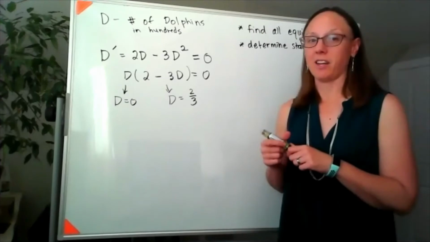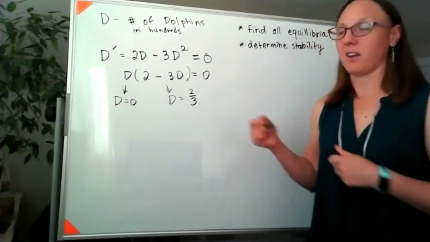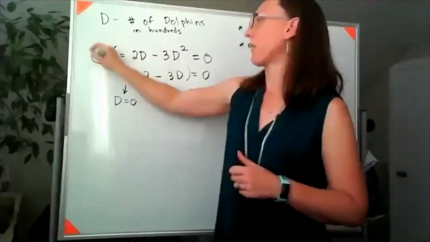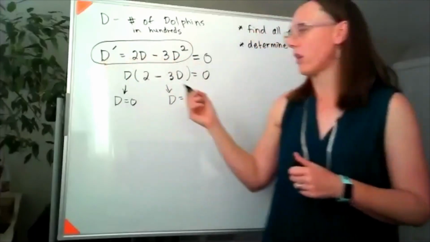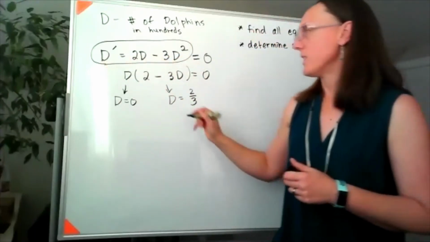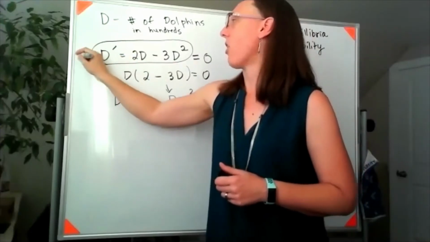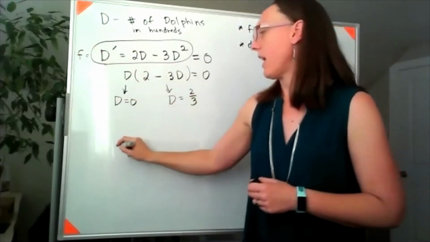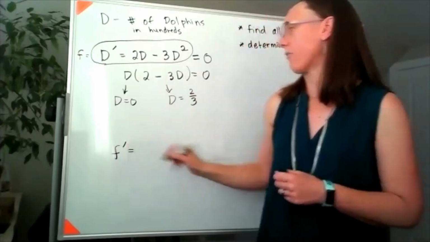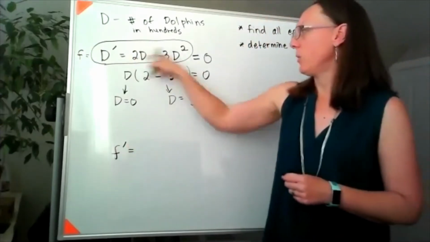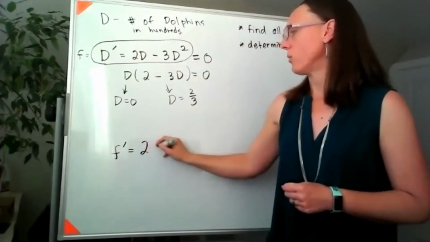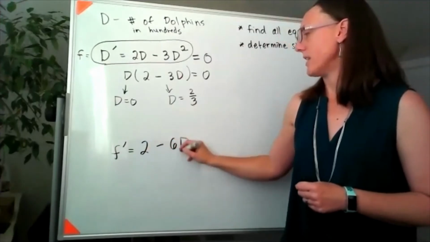So we need to find the slope of the slope. In other words, I need to take the derivative of our D prime. So if I treat my D prime as some new function and call it F, then I need to know what is F prime. Well, my derivative here is 2 minus 6D.